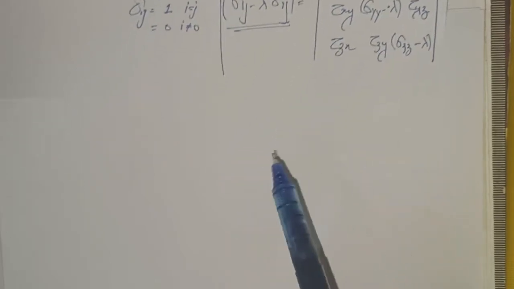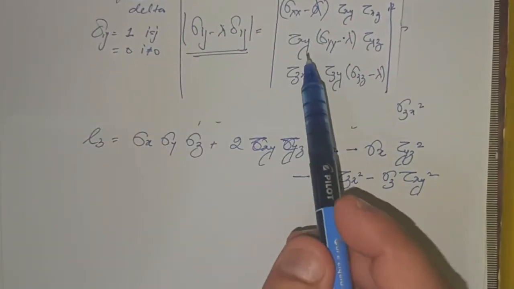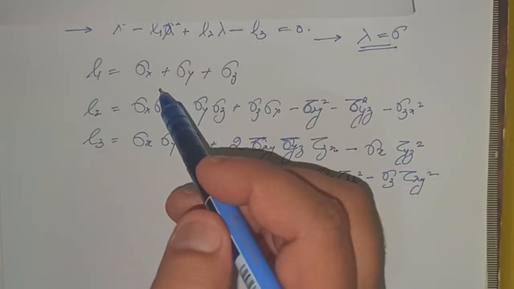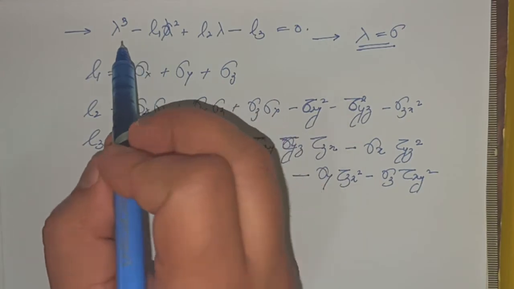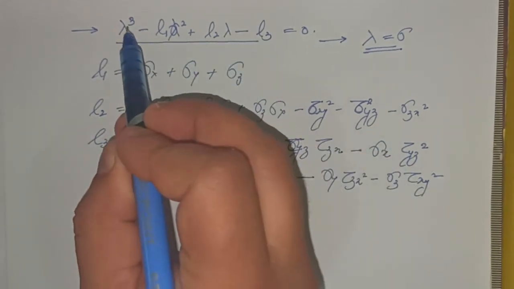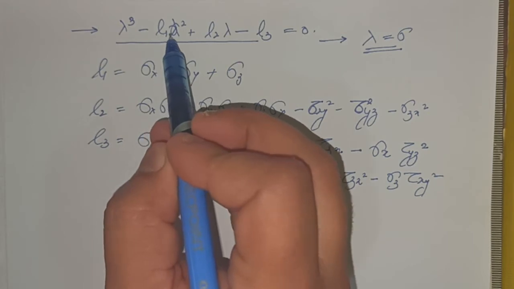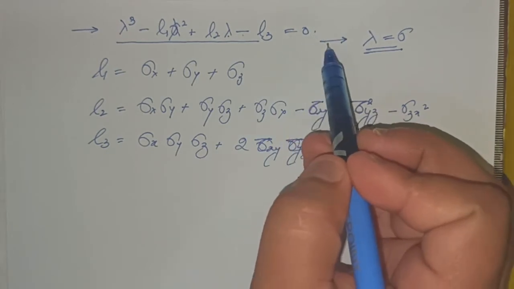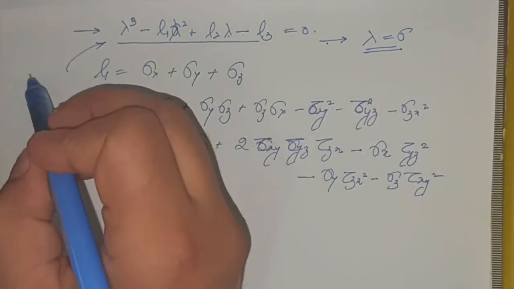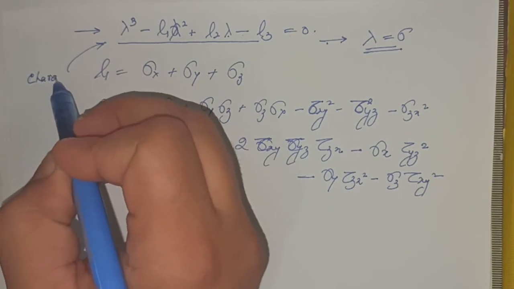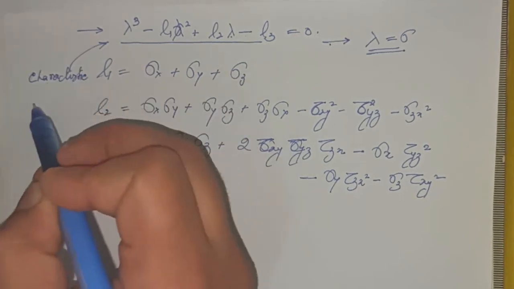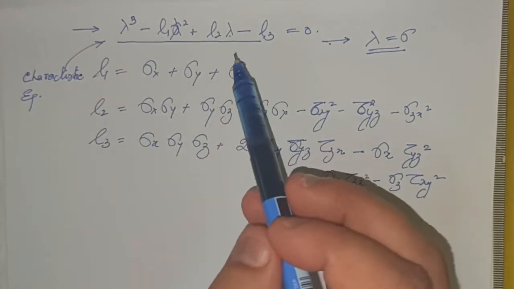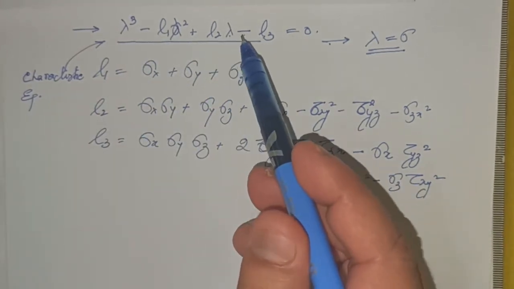Just take the determinant of this and you will arrive at the characteristic equation: lambda cube minus L1 lambda square plus L2 lambda minus L3 equals 0. This is also known as the characteristic equation. From this equation you can obtain the eigenvalues.